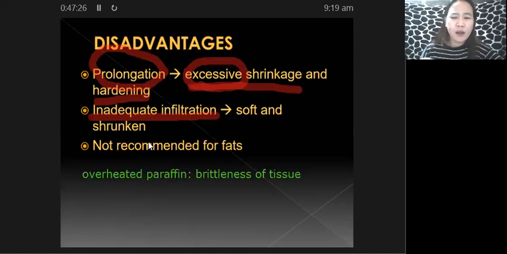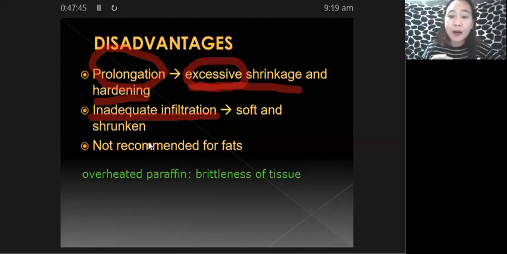Ano yung sinabi ko kanina? Okay, yung clearing agent, the clearing agent should be removed completely. Okay? So that the paraffin wax that will enter the interstices or the spaces in your tissue sample will harden.